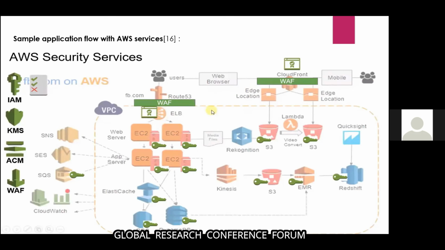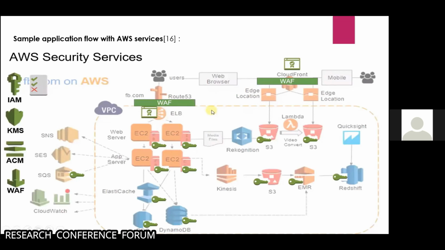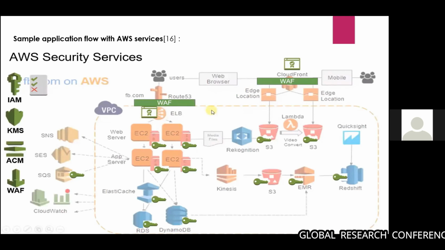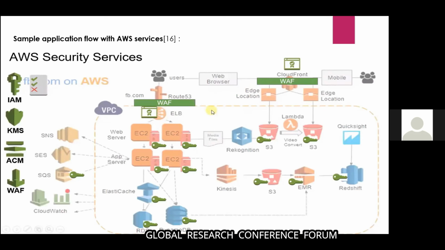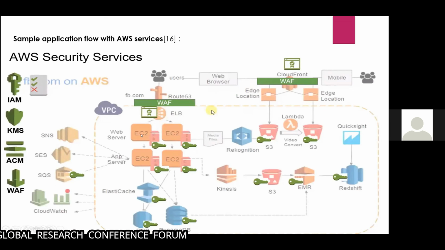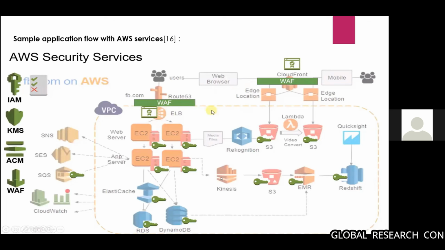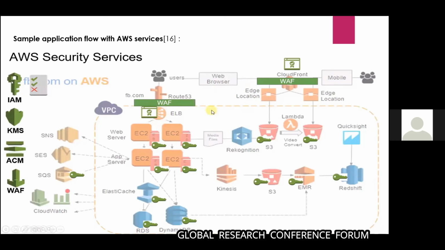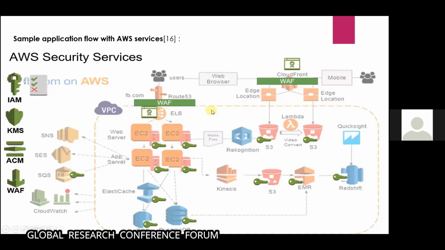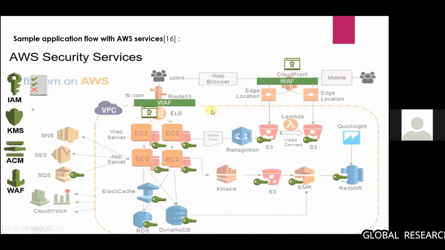In AWS security services, what specific services are you using? EC2 service we are using, S3 service we are using, Kinesis we are using, and we are using IAM for the authentication and authorization of the particular user.